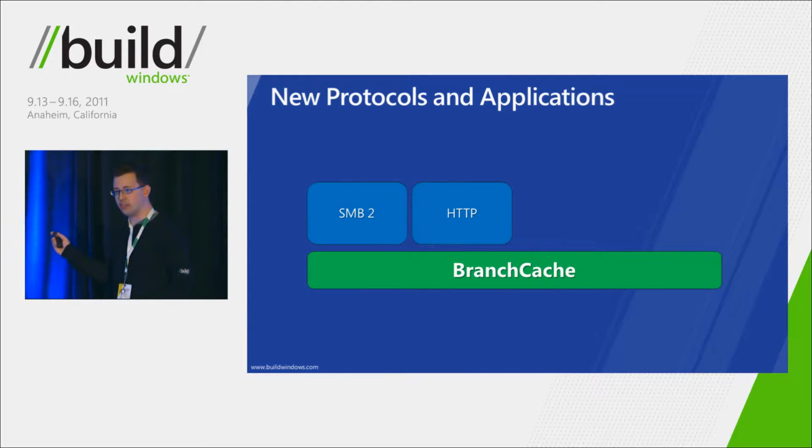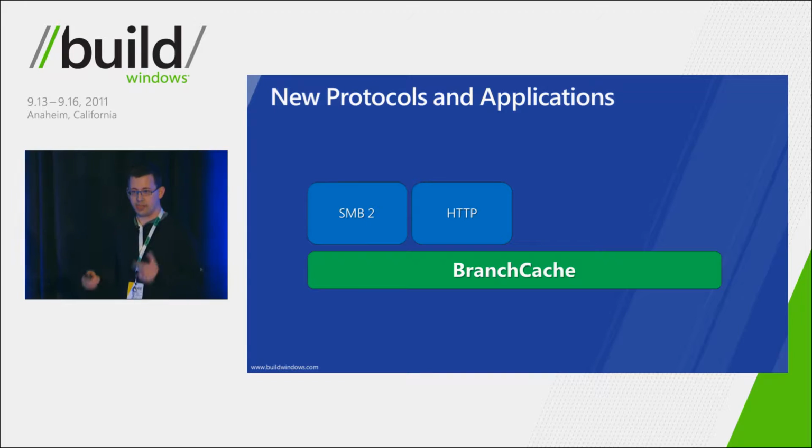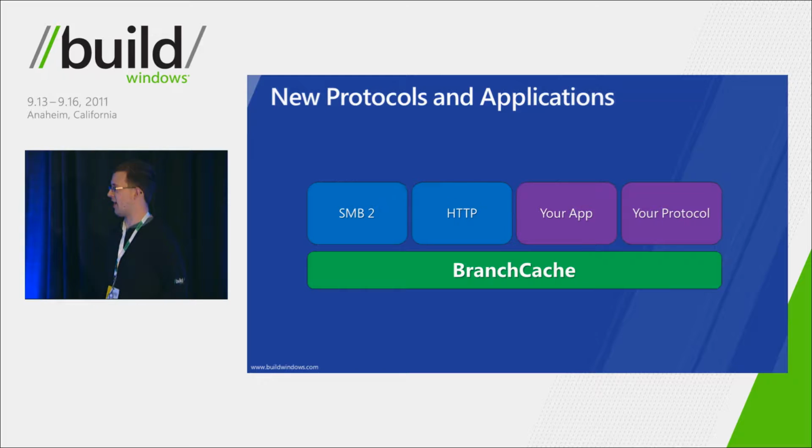As Tyler mentioned earlier, if you're built on top of the SMB or HTTP protocols, you don't need to do any coding work in order to get these optimizations. If you're not built on top of these protocols, these peer distribution APIs are your interface into the BranchCache platform. They can let you instrument your own protocols and your own applications in order to get the same benefits.